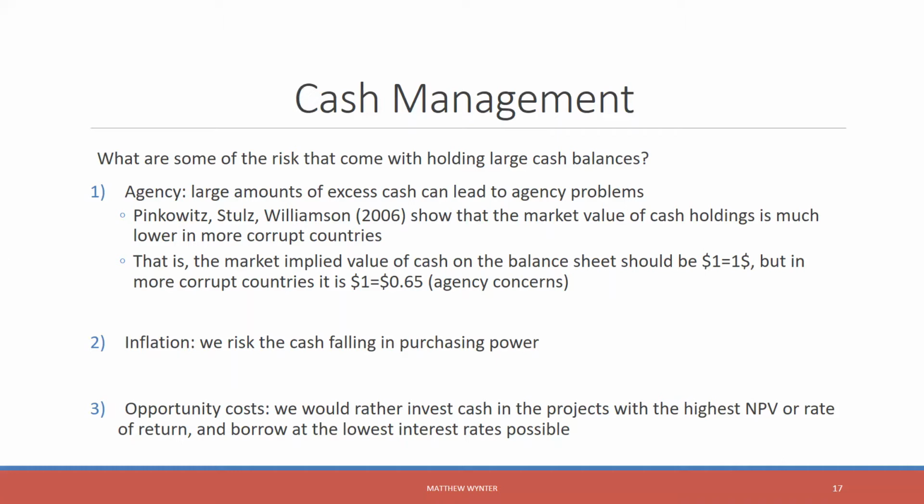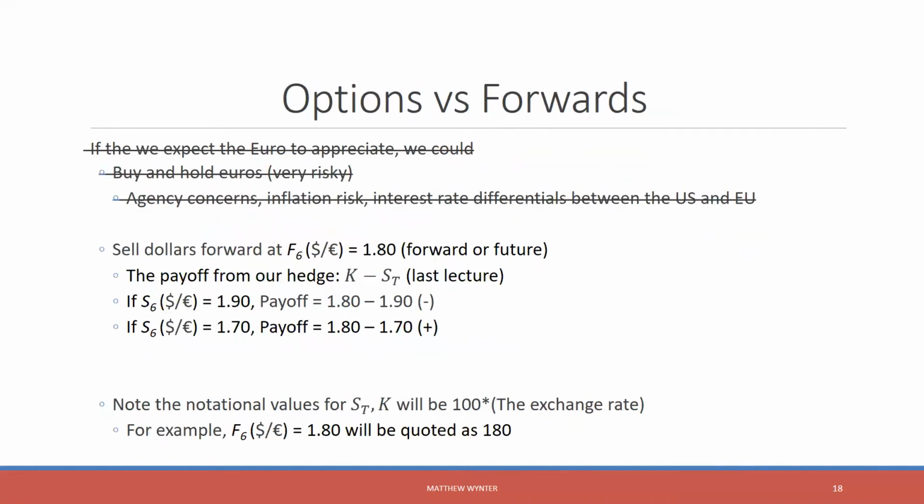We would rather invest the cash in projects that have high NPV or use that cash as collateral to secure low interest loans. We'd rather do something with it than just keep it on the balance sheet doing absolutely nothing because we think euros might appreciate.